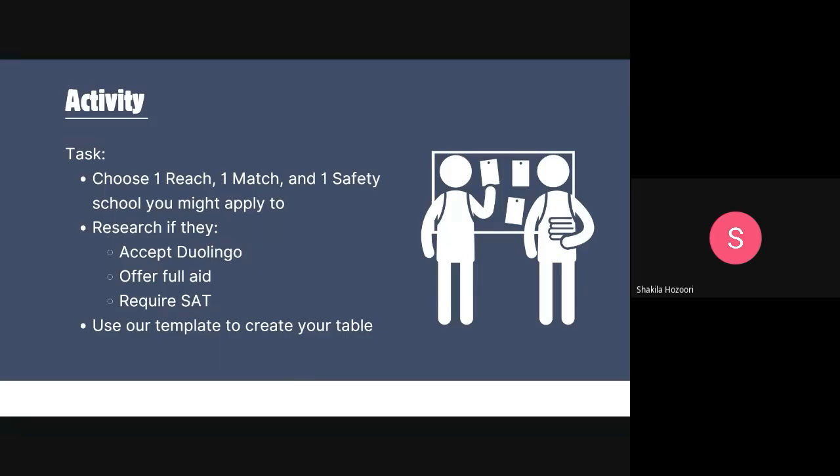And if we want to apply for a scholarship, it says we can apply for a scholarship.